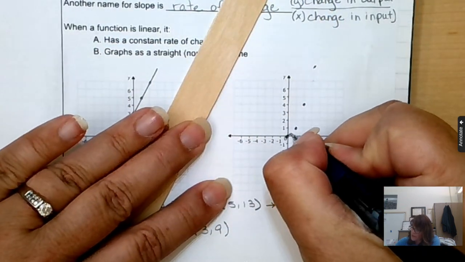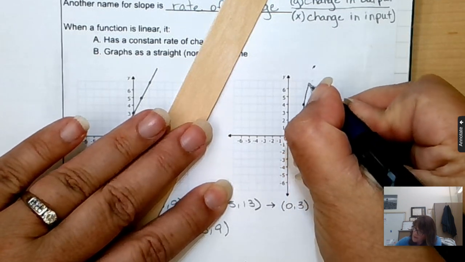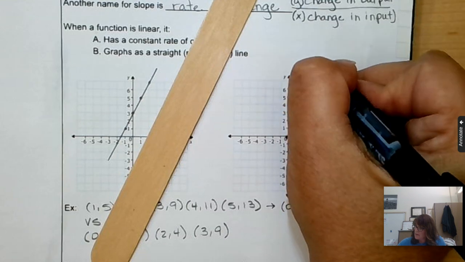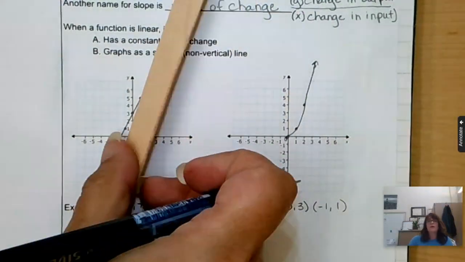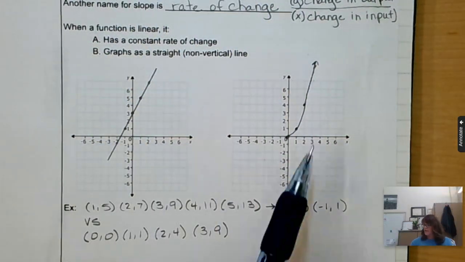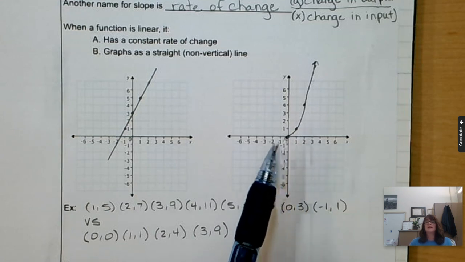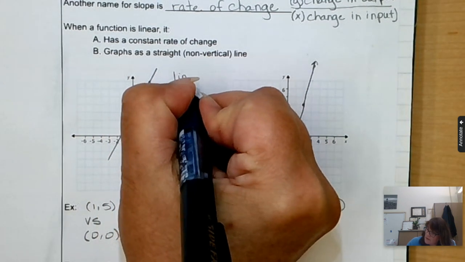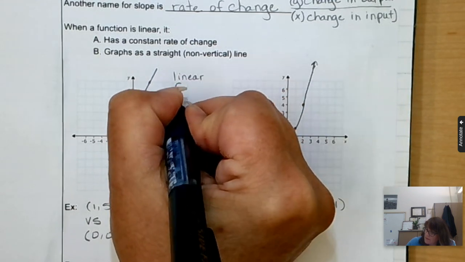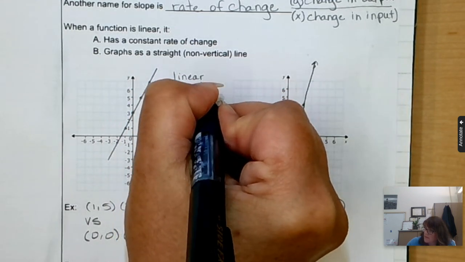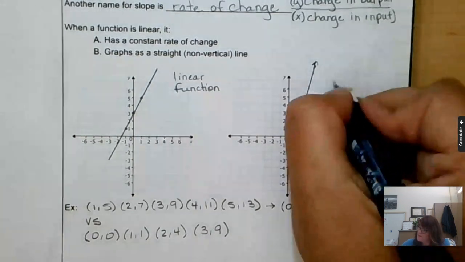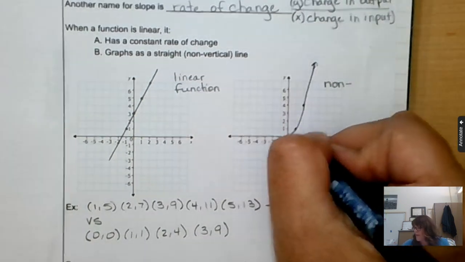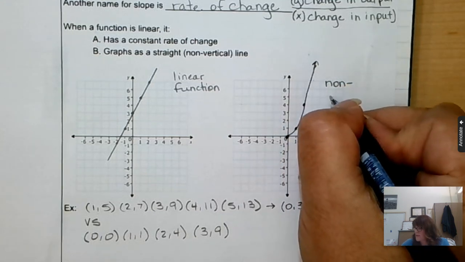It does a curve. It looks to me to be half of a parabola. Okay. That is a function, but it's not a linear function. Because it doesn't make a straight line. The rate of change is not constant.